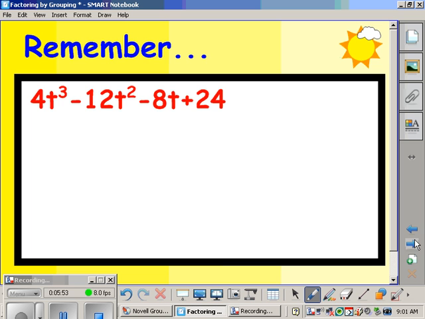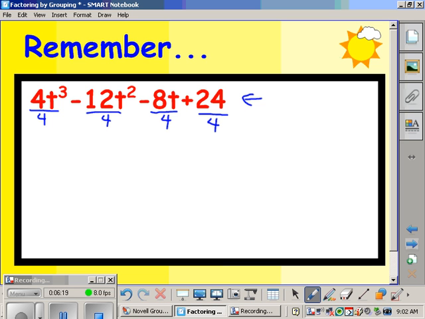Okay, in this particular problem, there's two new things. First thing, when we look at all four terms and you're looking to find a greatest common factor first before you jump to the grouping method, there actually is a common factor of all four terms. Can you see it? Hopefully you can see that you could factor out a 4 of every term.